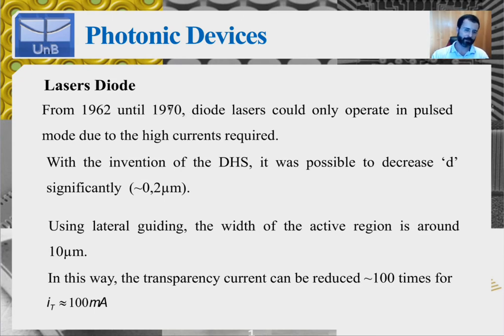Around the 70s, with the invention of the double heterostructure, it was possible to decrease the width of the active layer significantly.